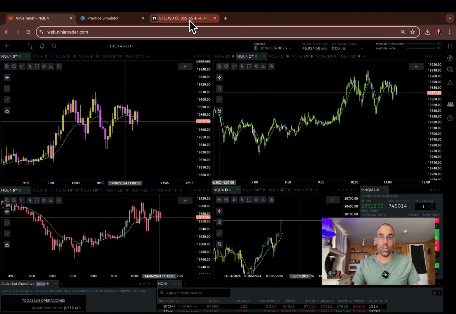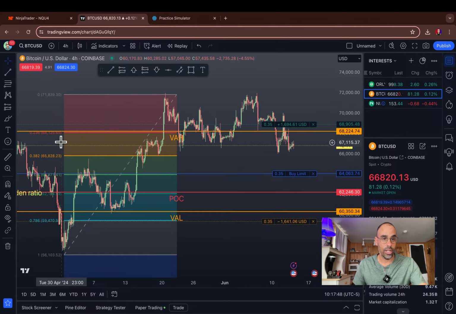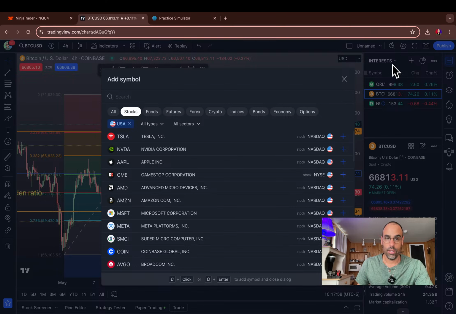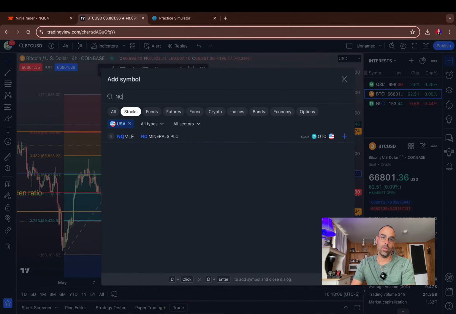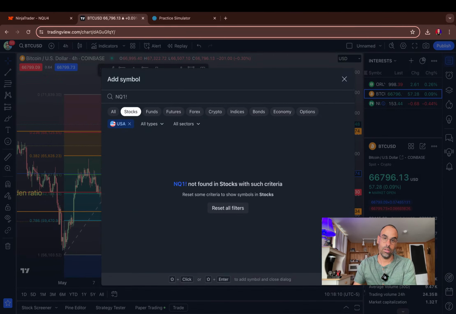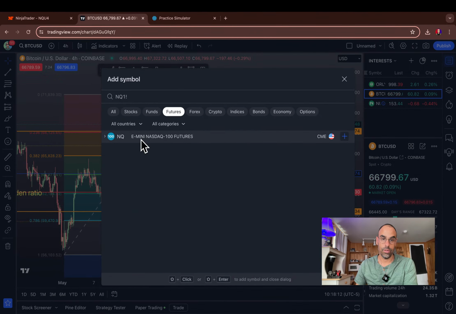I finally learned what the difference is between the NASDAQ futures contracts with expiration dates and this one here. Let me show you guys, this is Bitcoin. So I'm talking about it's in the futures, this one here.